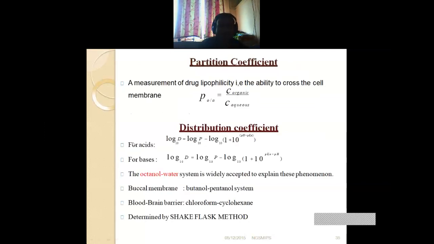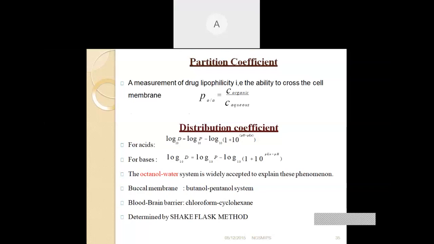So next is the partition coefficient. What do you mean by lipophilicity and hydrophilicity? Hydrophilic and lipophilic. Sir, hydrophilic is water loving and lipophilic is lipid loving. Exactly.